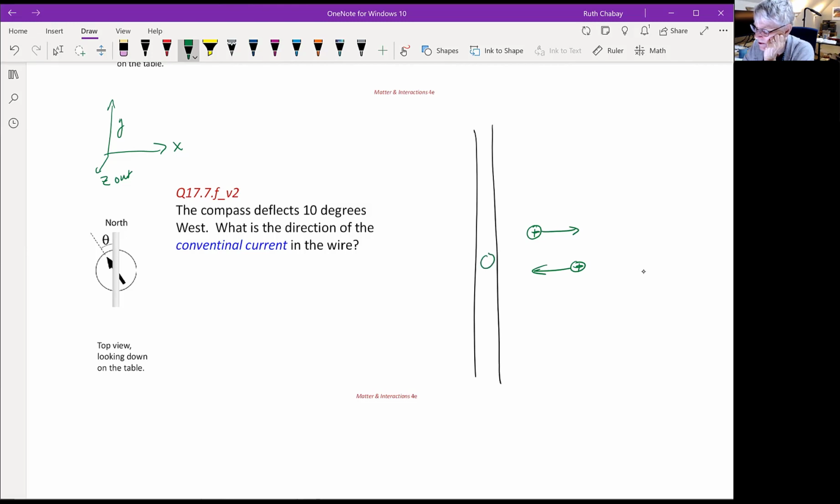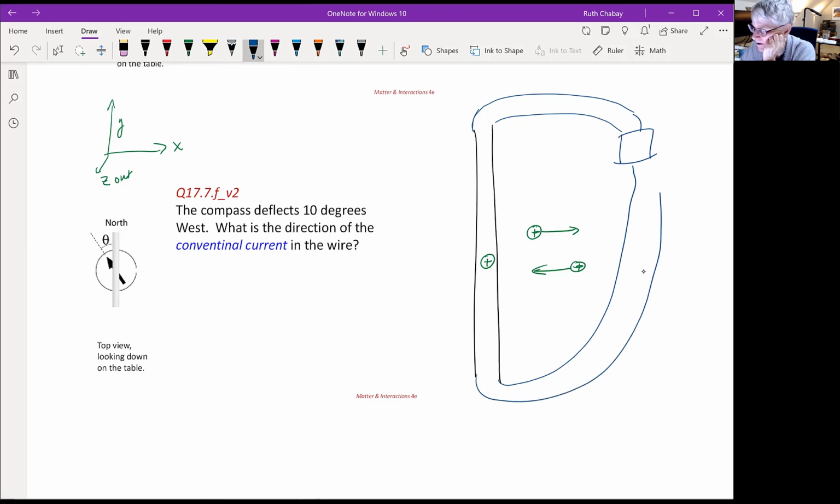So here's a charged particle in this wire, and presumably somewhere not shown is a battery. So let's put a battery. Here's a battery. We don't know which end is which, but there's a battery in this circuit making the current. So if a charged particle is moving, say, to the left, it's just going to hit the edge of the wire, right?